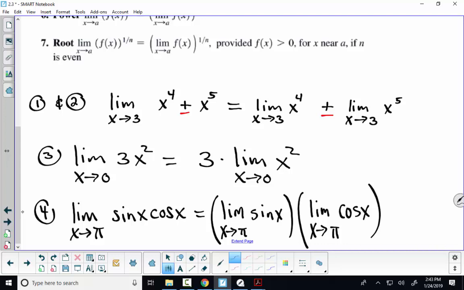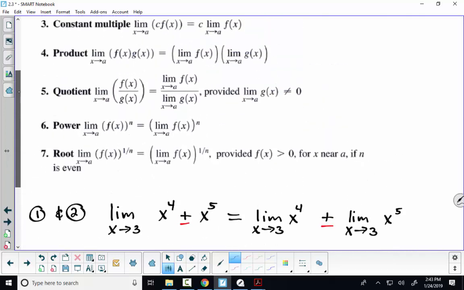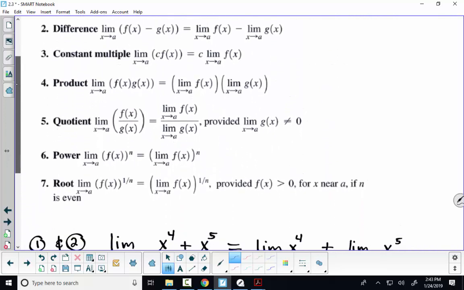And so we can start putting rules together. If I've got the product of two functions plus the product of two other functions, then I can break those up using 1 and 2 and number 4. So the limits distribute across a product.